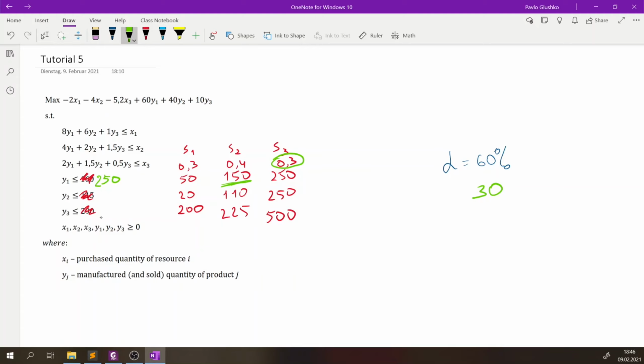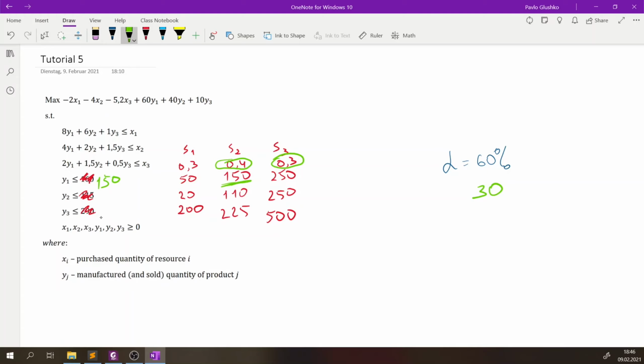Now let's go to the next scenario, scenario 2. If we take the parameter 150, then with this right-hand side 150, we will of course guarantee scenario 2, so it's 40%.